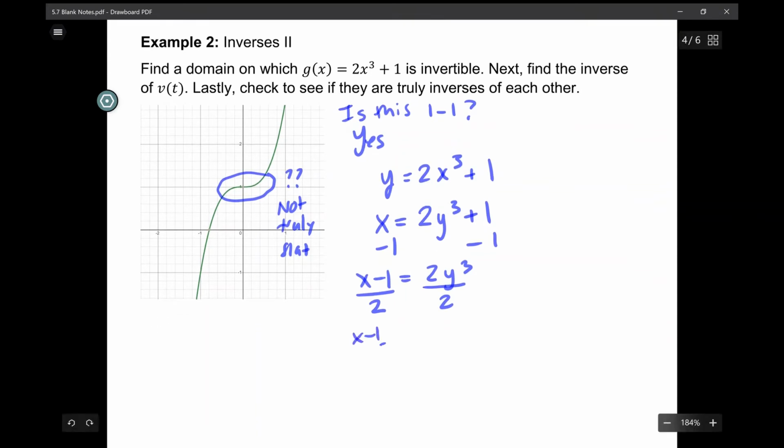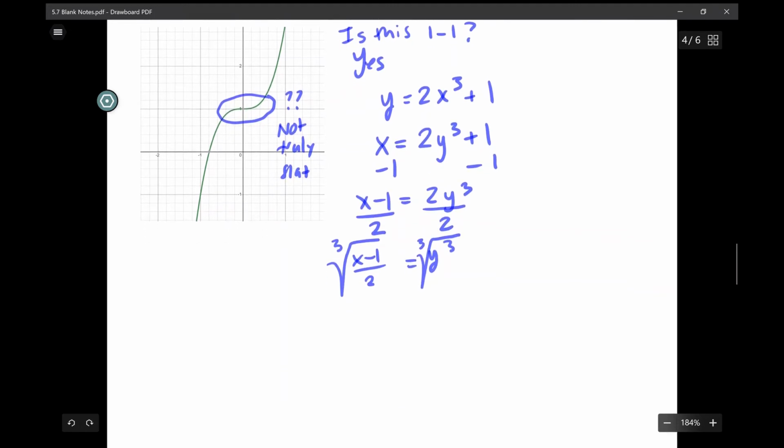X minus 1 over 2 is y cubed. How do I undo y cubed? Well, I take a cube root. And so my inverse function, this is g inverse of x, is the cube root of x minus 1 over 2.